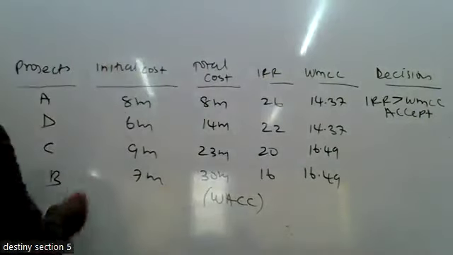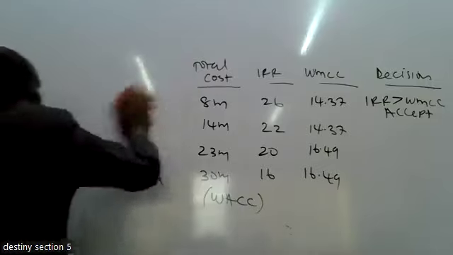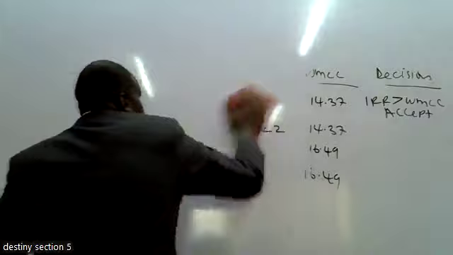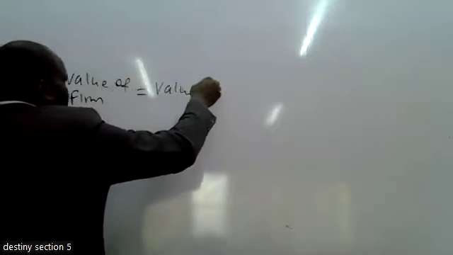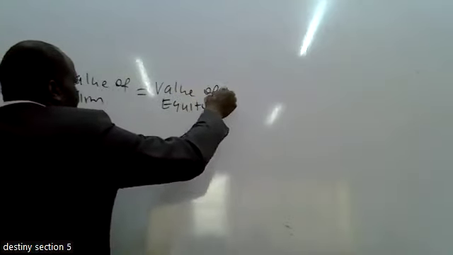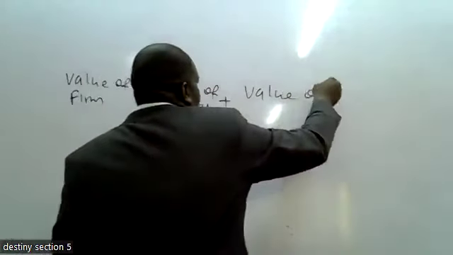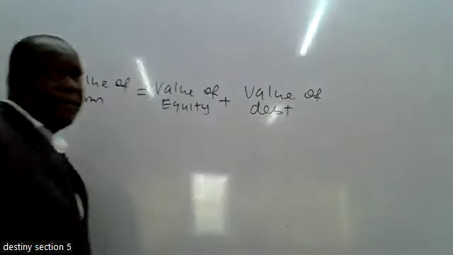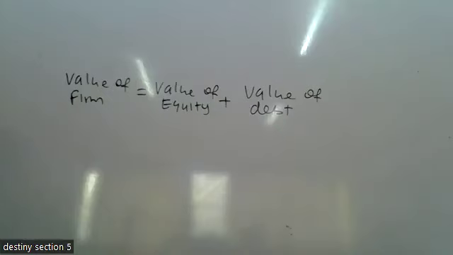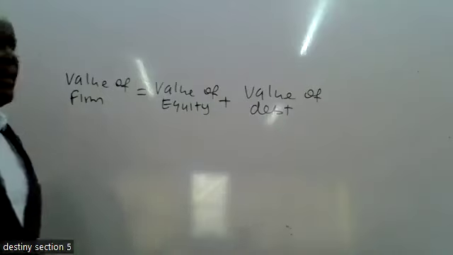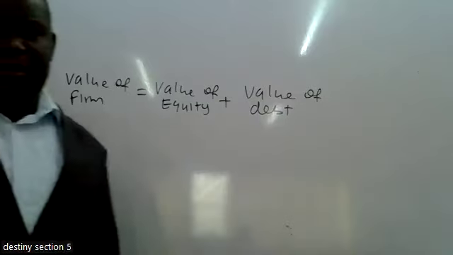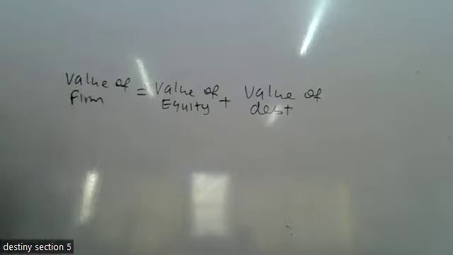Then when you want to get the value, the value of the firm is equal to the value of equity and the value of debt, because under the capital structure theory, there are only two components, equity and debt.